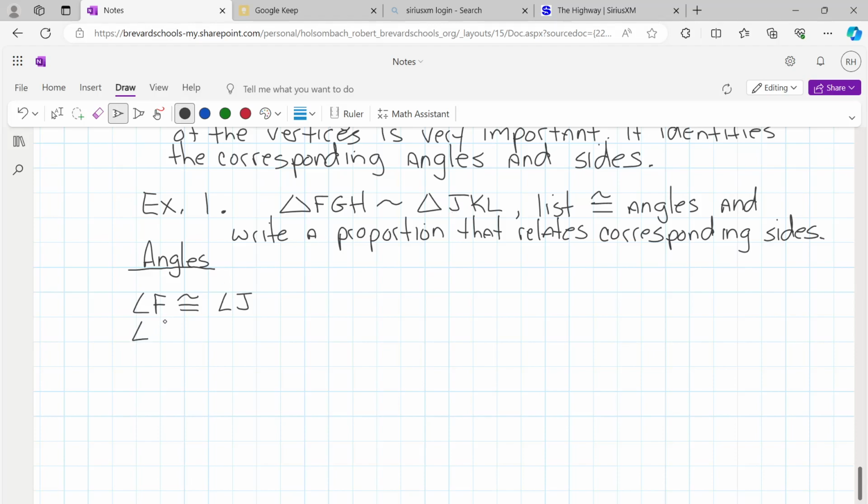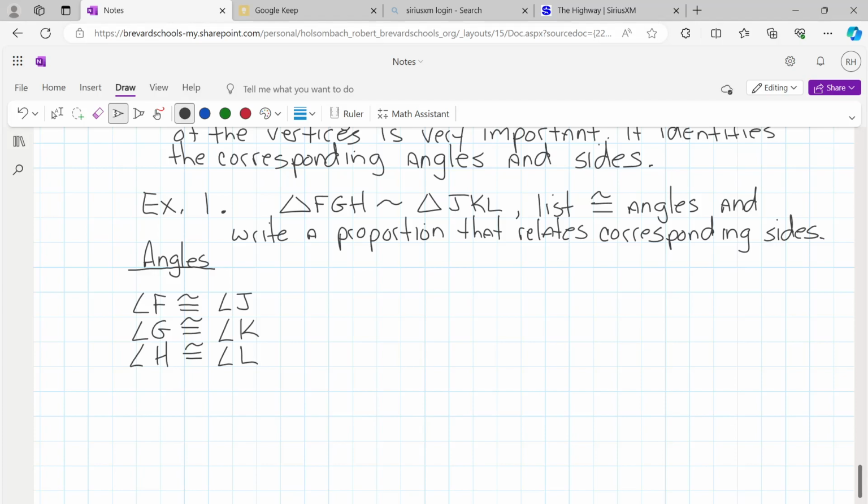And angle G is congruent to angle K. And then finally, angle H is congruent to angle L. All right, we've done that before multiple times.